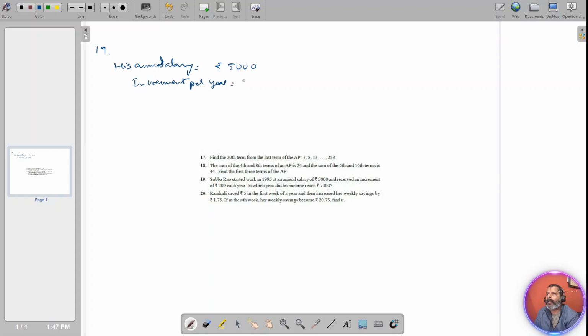Increment per year is rupees 200. Okay, clear?